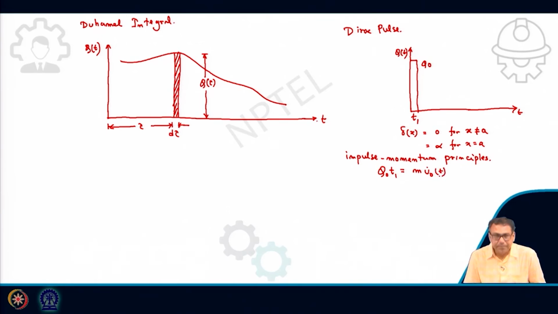As t1 tends to 0, I can write U0 dot equal to Q0 t1 by m, and here U0 is equal to 0.